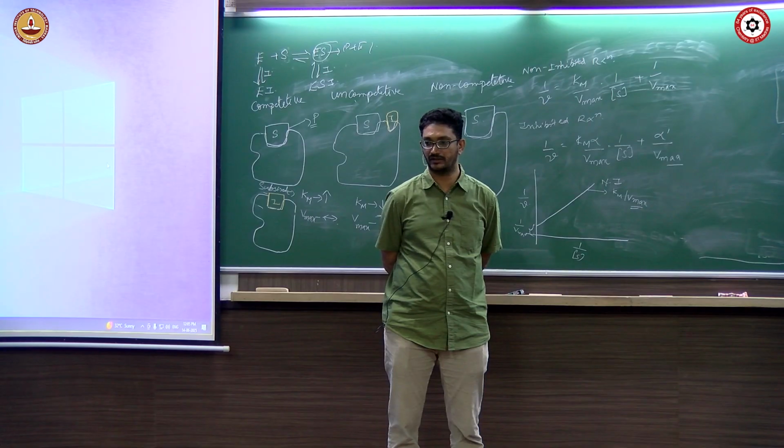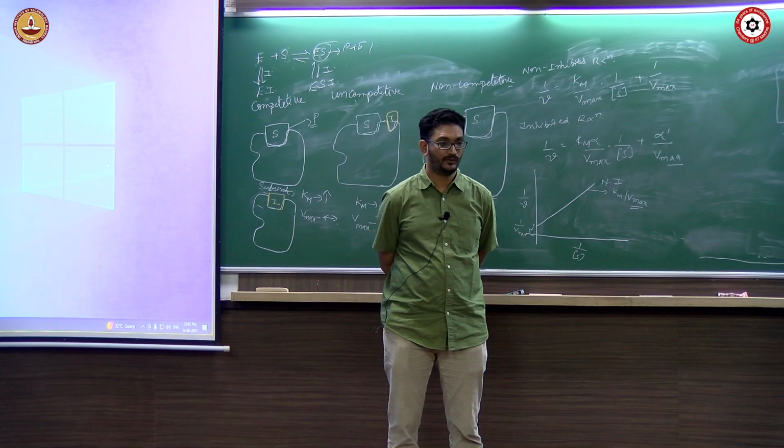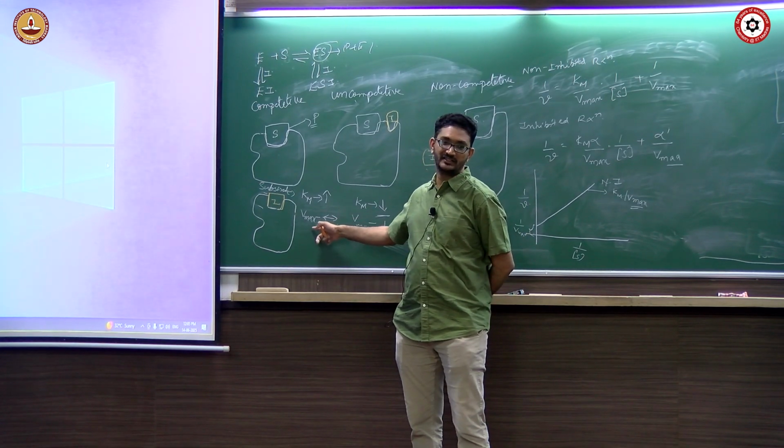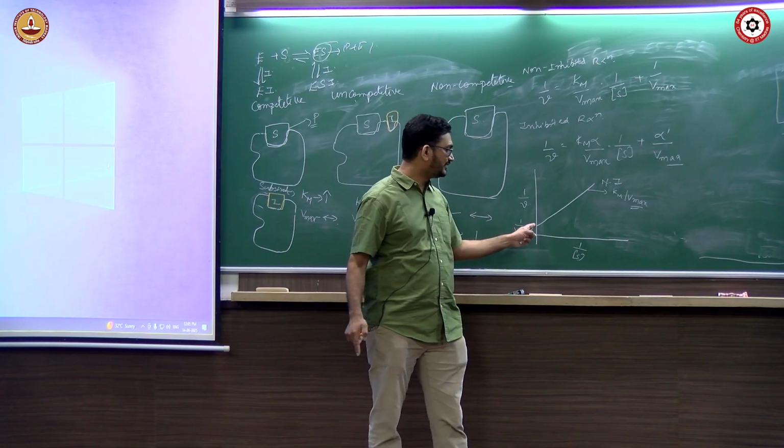It is still a linear curve, without intercept, that means 0? The Vmax is not changing as I never said it is 0. So, intercept will be same.